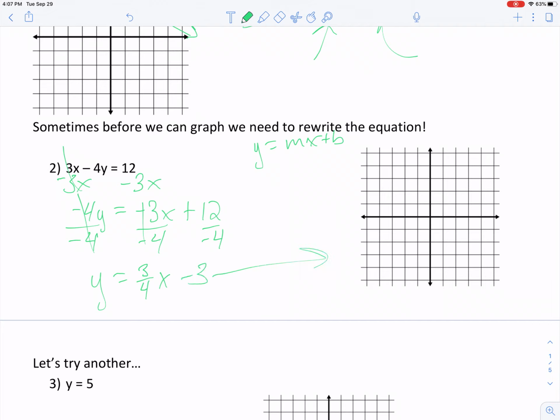Now I can graph that. I kind of have a story. Sometimes if I forget how to graph, I have a little story that can help me remember. If I had to choose between 3/4 and negative 3 as the number that I would describe as lonely because it doesn't have any friends, I would choose the negative 3, right? Because it doesn't have an x to be its friend. So I always go to the lonely number first. And since he's lonely, he's probably sad, so I'm going to raise his spirits.